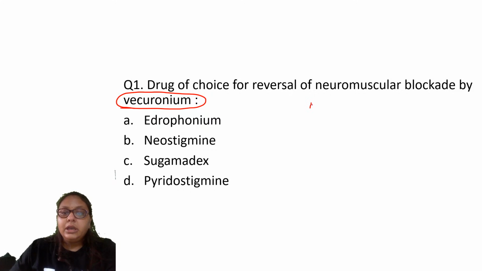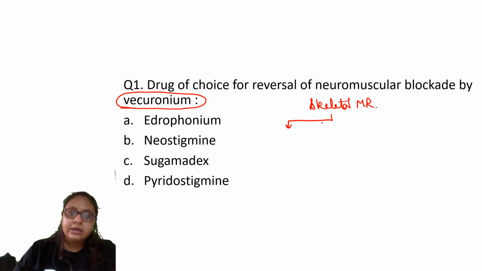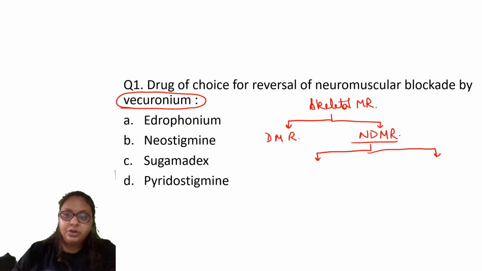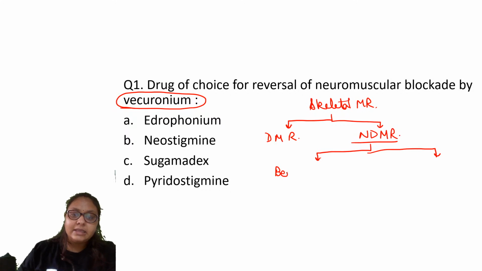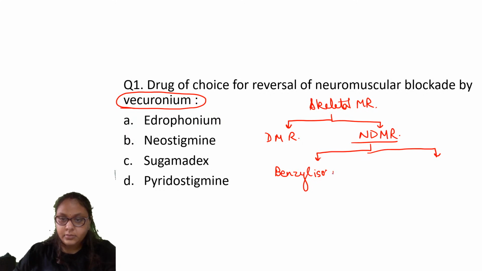The skeletal muscle relaxants are divided into depolarizing muscle relaxants and non-depolarizing muscle relaxants. In non-depolarizing muscle relaxants, we have two groups: benzylisoquinones and steroids.